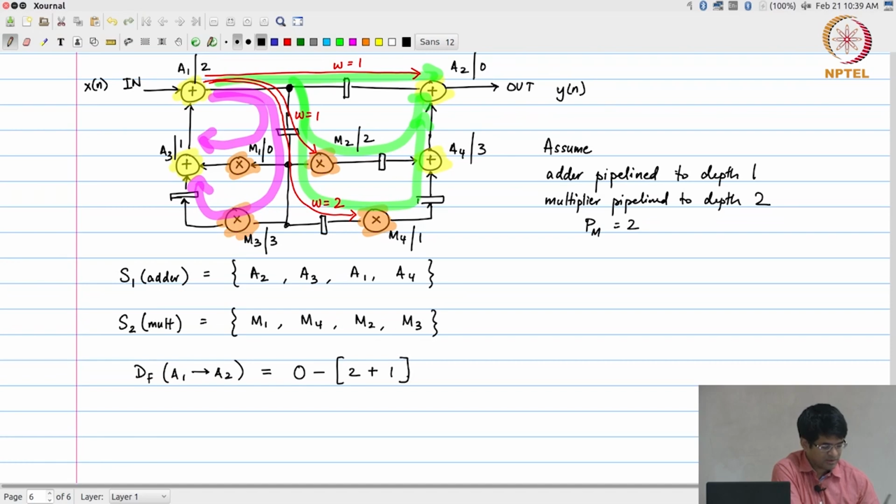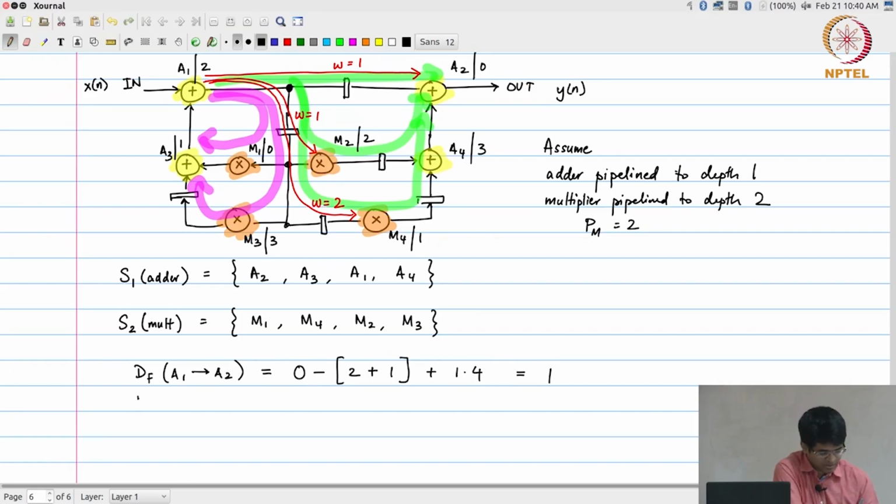So, this is T of A2 minus the finishing time of A1. So far it does not look good, it is looking negative, but I have one delay element. So, plus 1 into 4. So, DF over here becomes equal to 1.